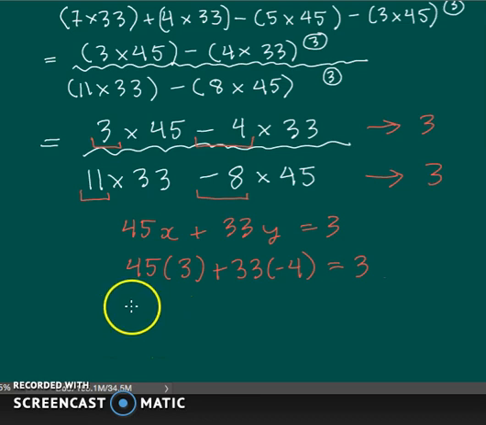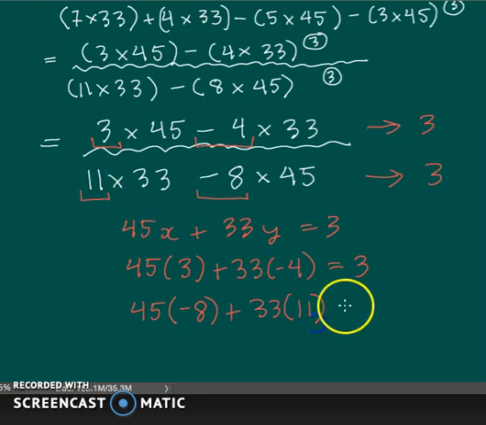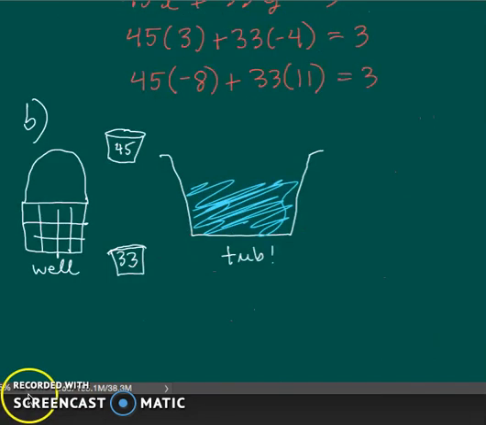Also, we can say 45 times, on the bottom here we have negative 8 plus 33 times 11. That will also make 3. If you like, you can try it out on your calculator, but this is how we figured out what the values of x and y are.